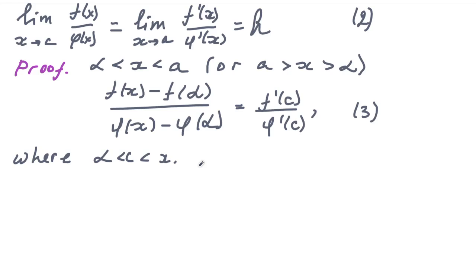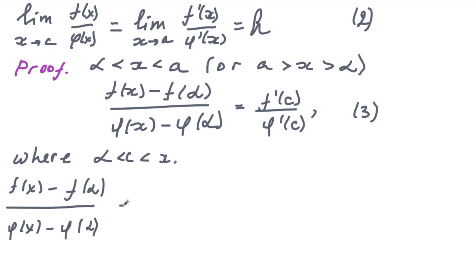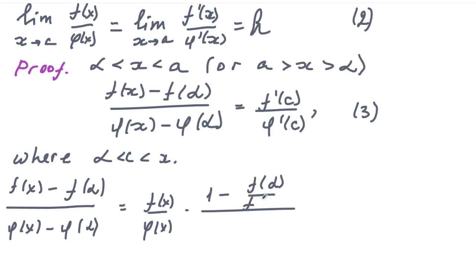We transform the left side of expression 3 as follows. f of x minus f of alpha over phi of x minus phi of alpha equals f of x over phi of x times the ratio of 1 minus f of alpha over f of x and 1 minus phi of alpha over phi of x.